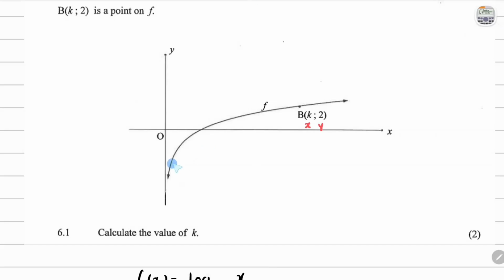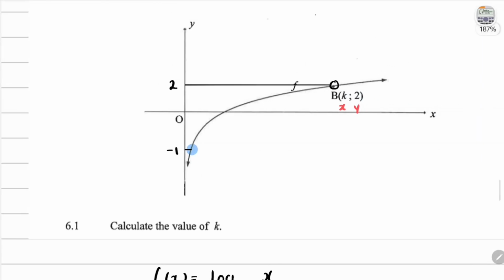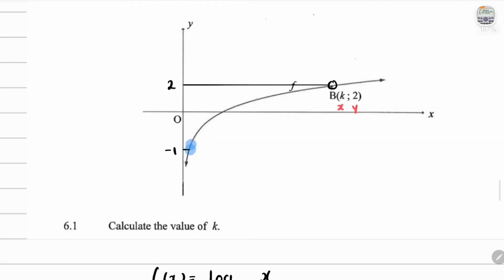Let's say -1 is maybe over here. We have a point with a y value of -1, but less than or equal to 2. So here is our point with a y value of 2. They're really just telling us to find the values of x for which this section of this graph exists.